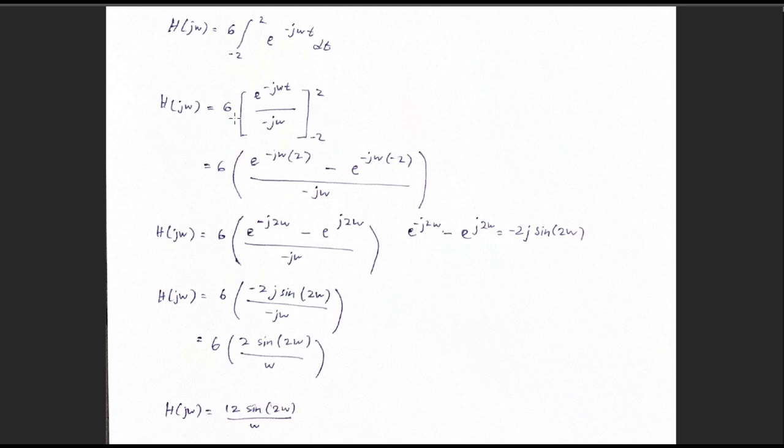And then we solve the equation like this: 6, and then square bracket exponent negative jωt over negative jω, upper limit 2, lower limit negative 2.